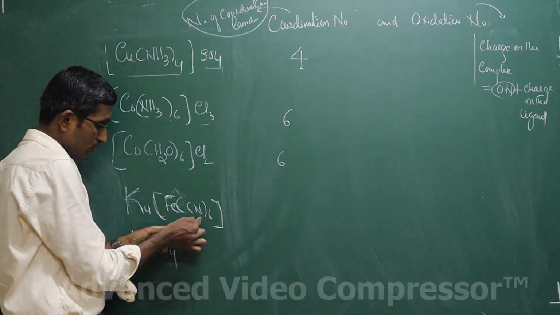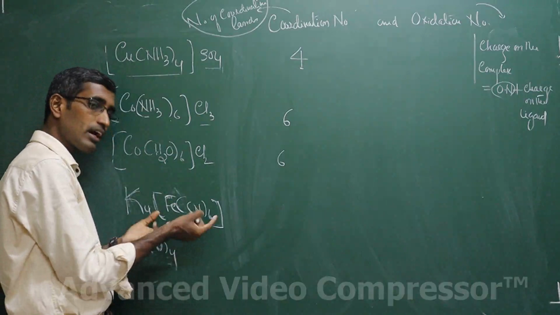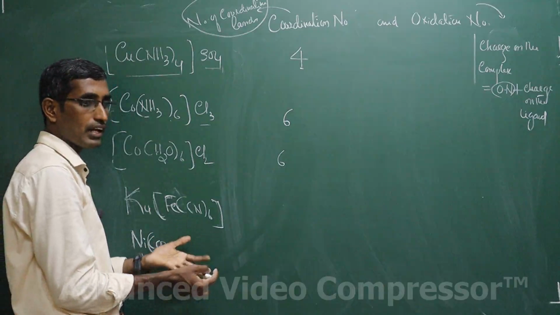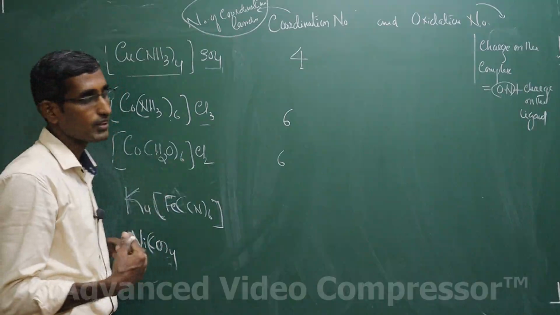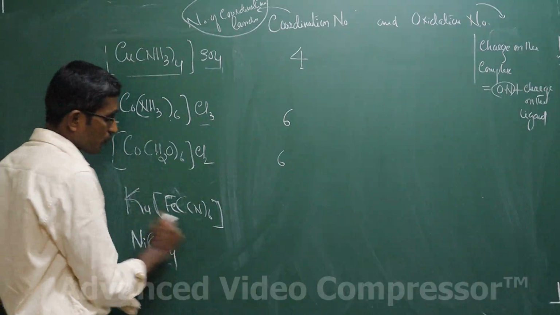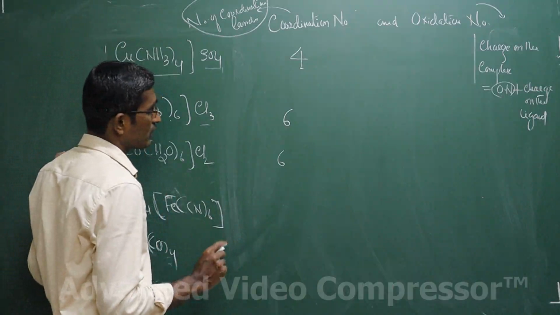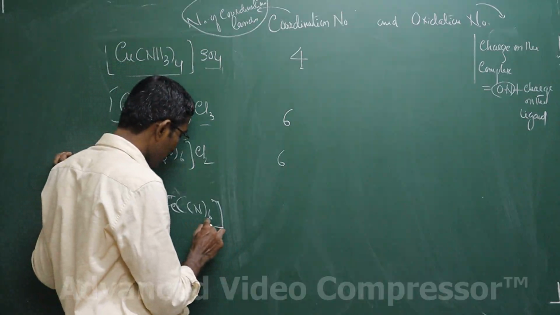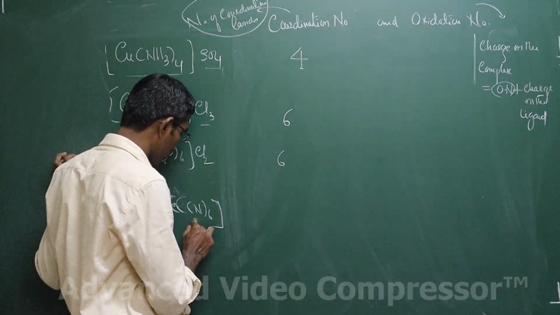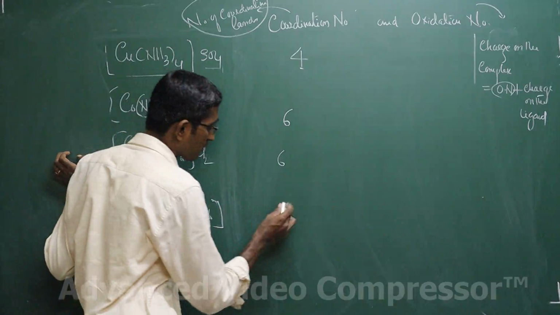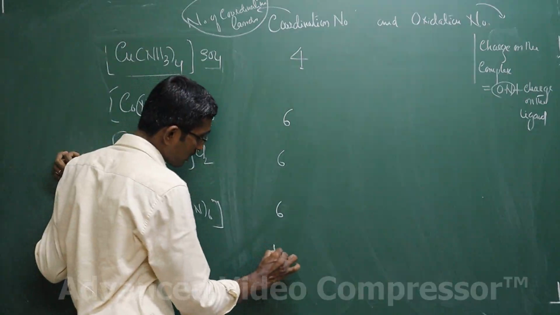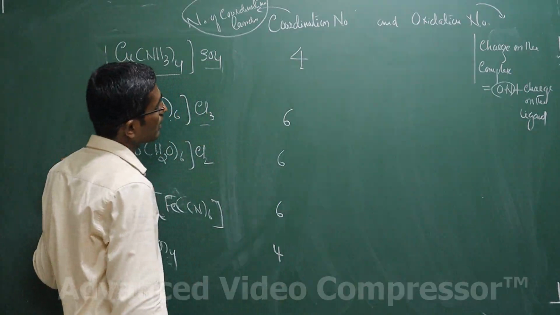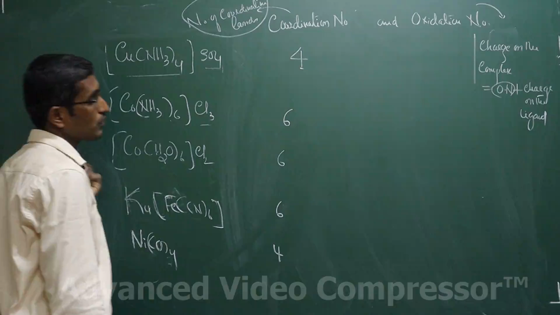Here the CN minus is a monodentate as well as an ambidentate ligand. Ambidentate or monodentate doesn't matter, it will make only one bond with the central metal ion. Hence we have 6 cyanide ions making 6 coordination bonds. Again it is a 6 coordinated complex. Here it is a 4 coordinated complex. Clear? So this is how we can calculate the coordination number.